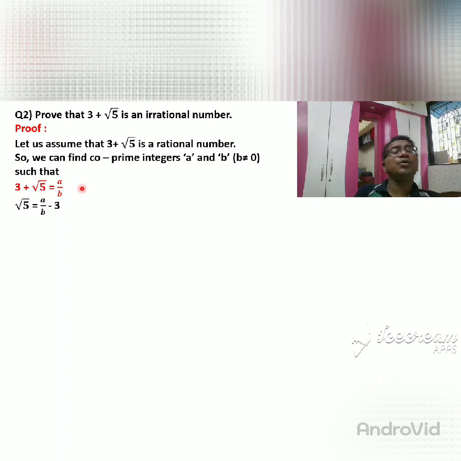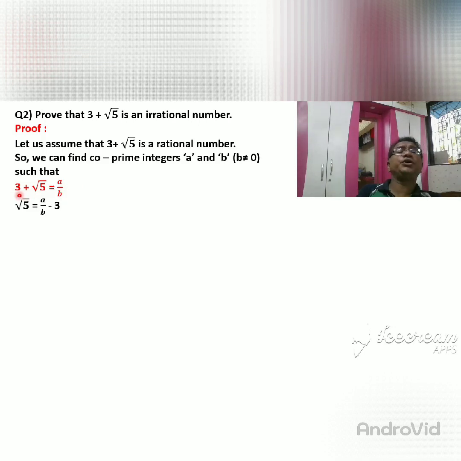Then what can we do? See, this is the plus 3. When that plus 3 goes across, it becomes minus. So root 5 remains as it is, equal to a upon b minus 3. Here 3 plus root 5 is rational, a upon b is rational because b is not equal to 0.